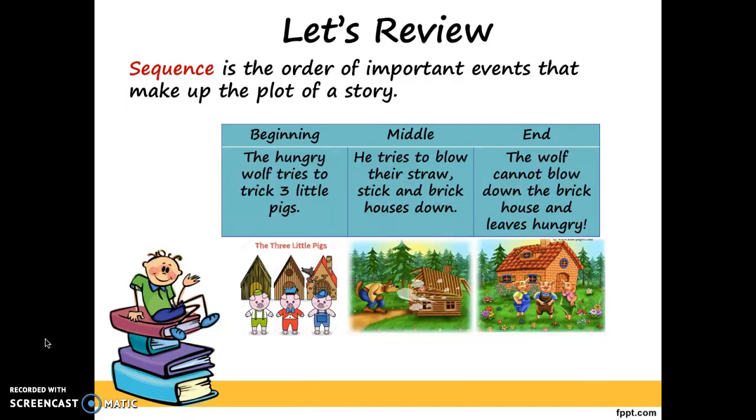In the middle of the story, he tries to blow their straw, stick, and brick houses down. Finally, towards the end of the story, the wolf learns that he cannot blow down the brick house, and he leaves hungry. All of these are events that are important to the story, and they move the story along, known as the sequence of events.